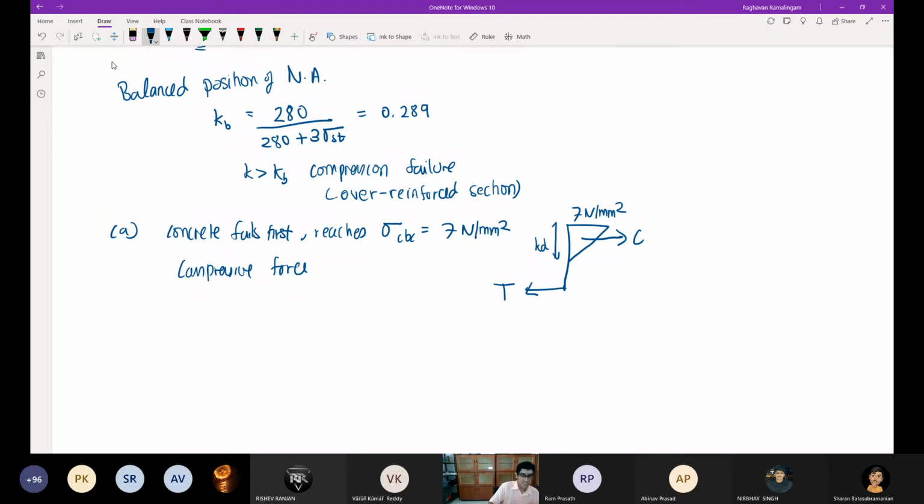Very simple. So compressive force is half, because it's a triangle, times breadth which is B, times depth which is KD, times the stress which is sigma CBC. So half times 300 times KD, which is 261, which we already found above, times 7.